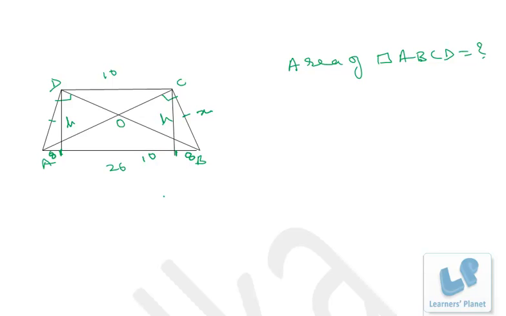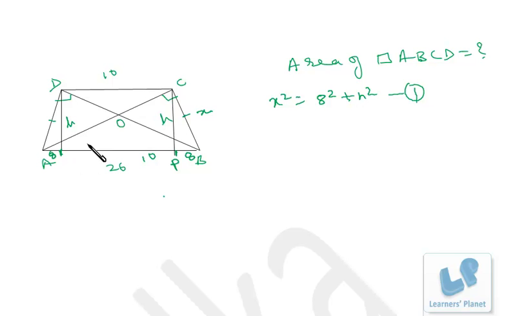Now we have one relationship, that is x square is equal to 8 square plus h square. After that, see, triangle ACB and this triangle, suppose it is CPB, will be similar to each other. As I've already told you, if you have a right angle and from this right angle you drop a perpendicular to the hypotenuse, then the two triangles and the original one, all of them are similar to each other, right?